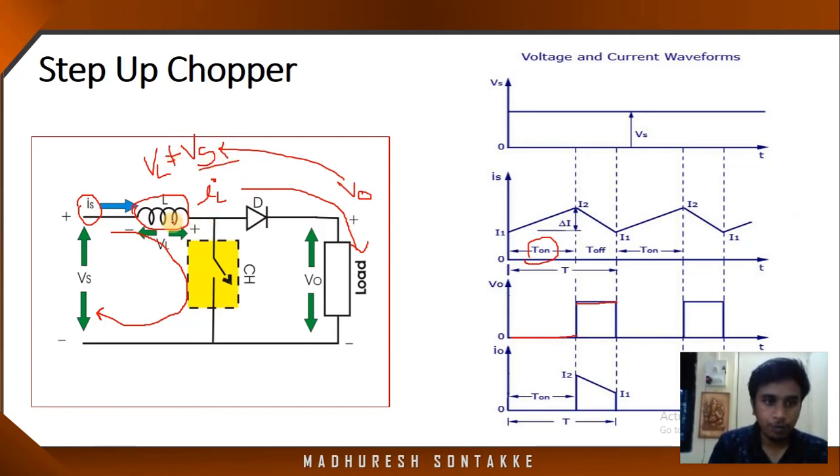It is the addition of the input voltage as well as the EMF, or the voltage stored in the inductor. So the addition of both voltages will appear across the load, and that's how we boost the voltage, or increase the voltage.